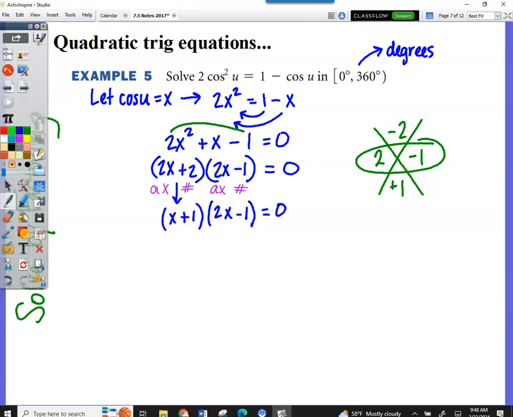Now we can separate and say zero product property. So x plus 1 equals 0, 2x minus 1 equals 0. So this is the shortcut.